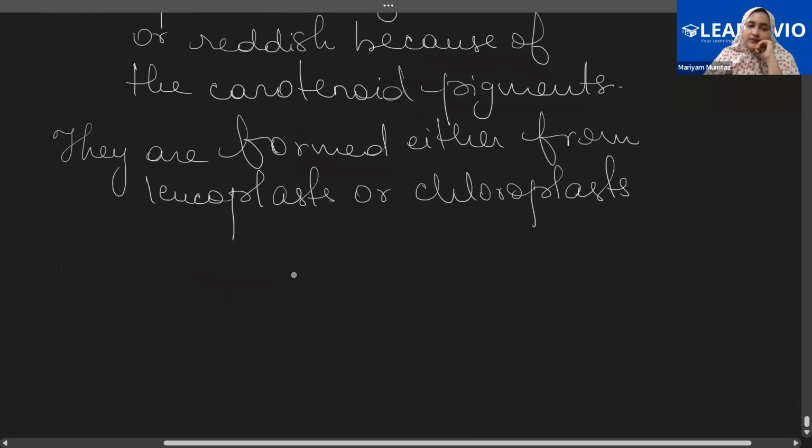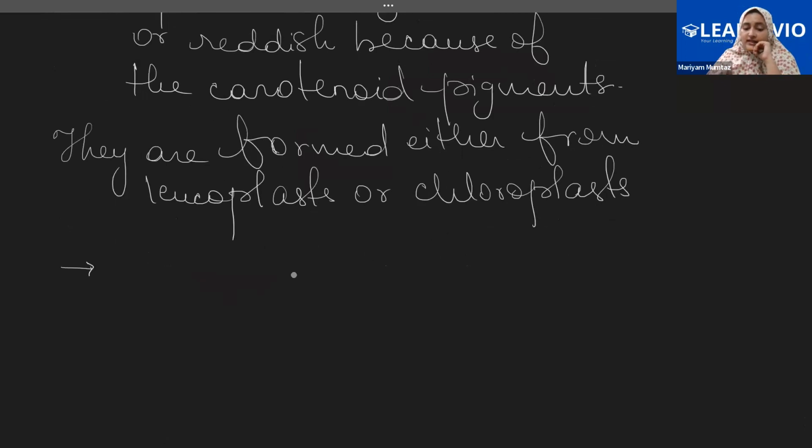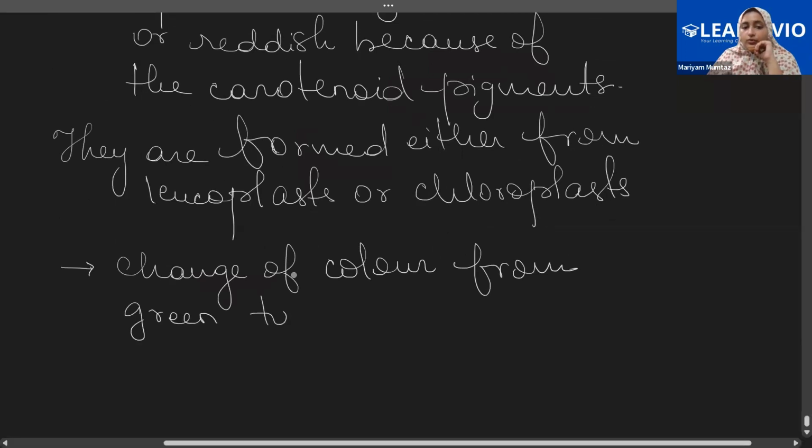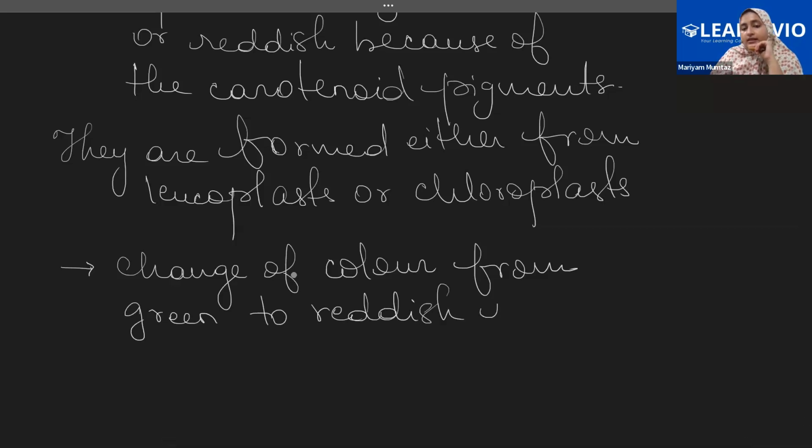Now you write down one such example to justify this statement: change of color from green to reddish in tomato.